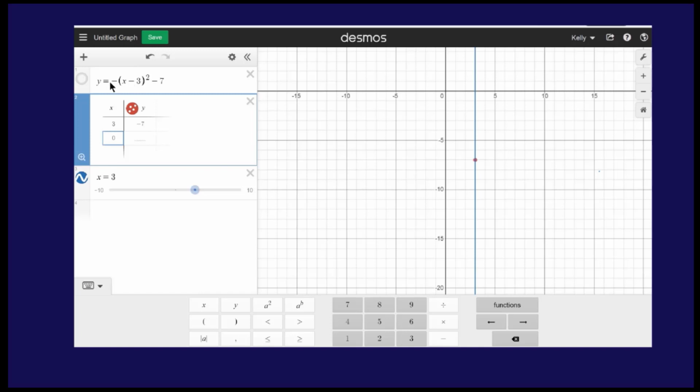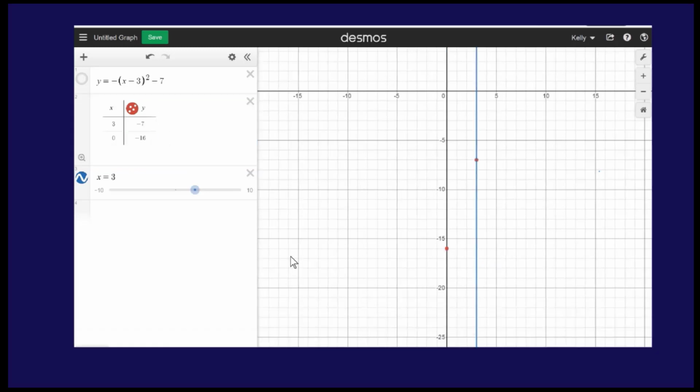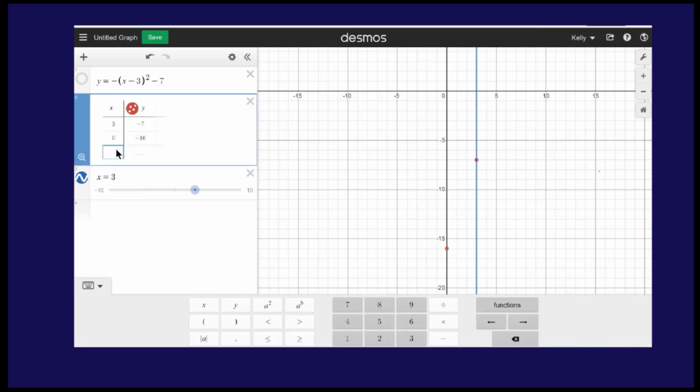Then that would make it negative 9 minus 7, which is negative 16. Then I'm 3 away from the axis of symmetry, so I have to go 3 the other direction. That means my other point is (6, -16).